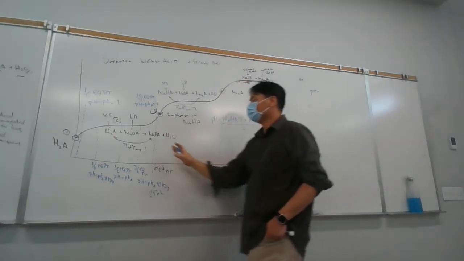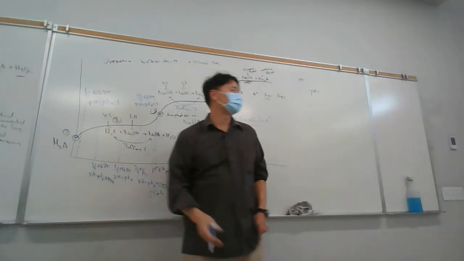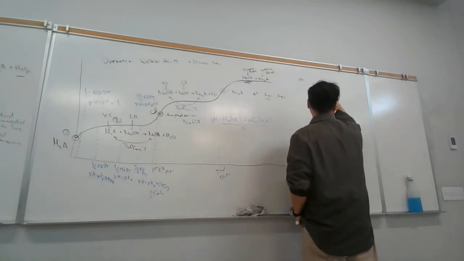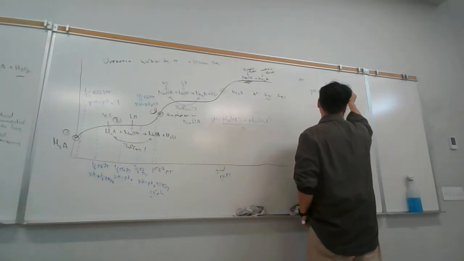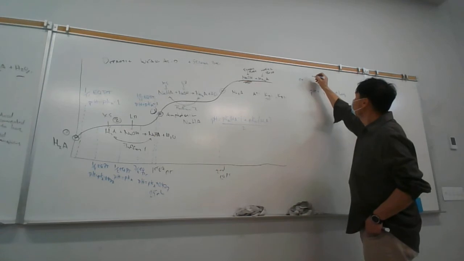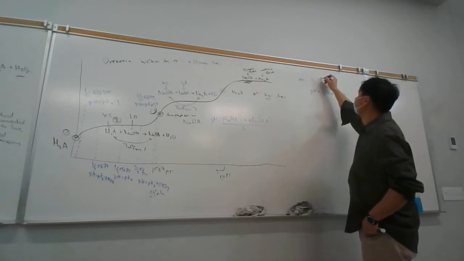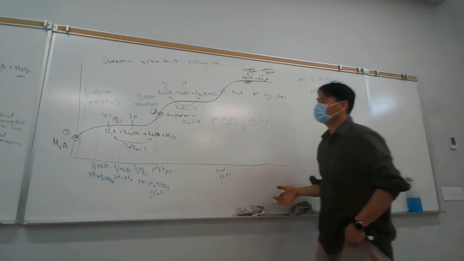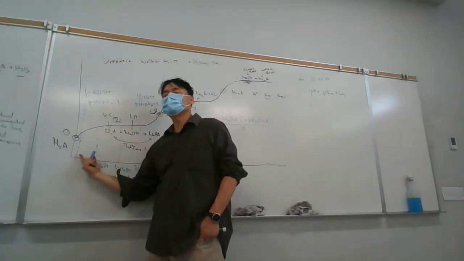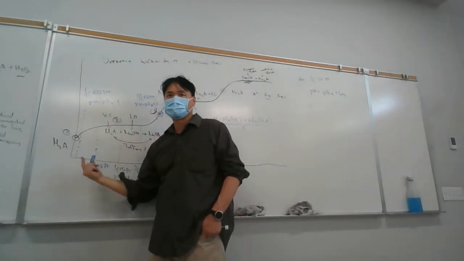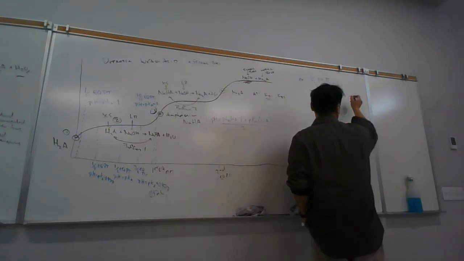Why? Because I know I'm in the buffer region, so I can use the Henderson-Hasselbalch. And I know the pH is going to equal the pKa plus the log. Now this is going to be the 1/11th equivalence point. The 1/11th equivalence point means I've neutralized 1/11th of my original acid. And that 1/11th gets converted into base.